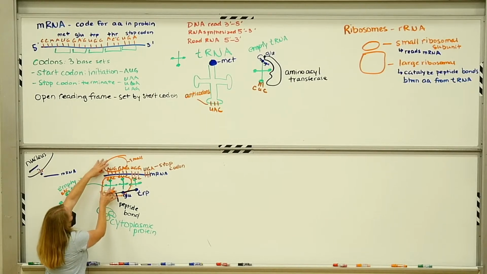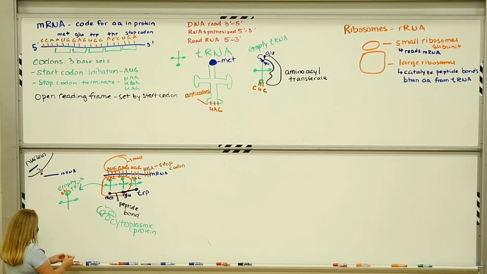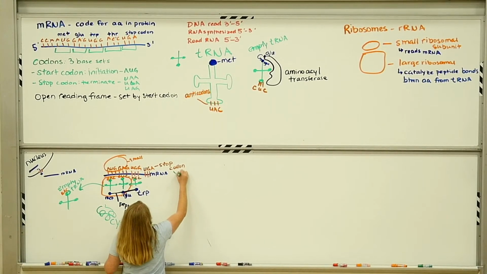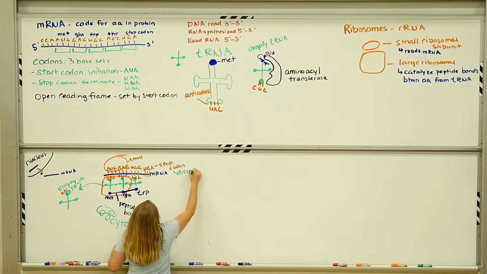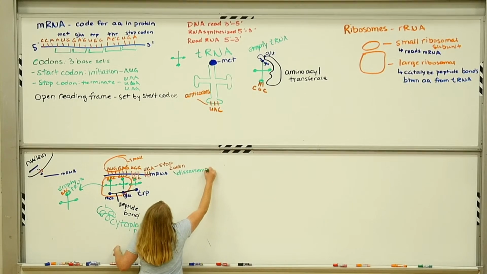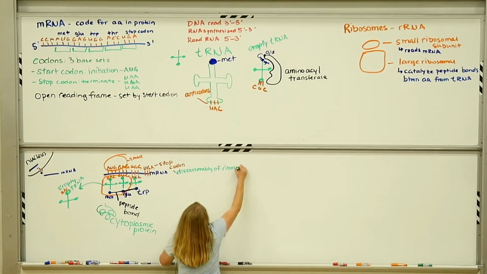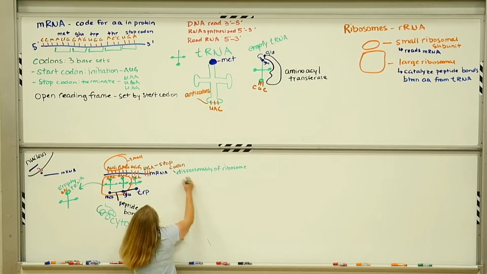Your small and large ribosomal subunit will separate. Okay, so this causes disassembly of the ribosome and release of the last portion of the protein.